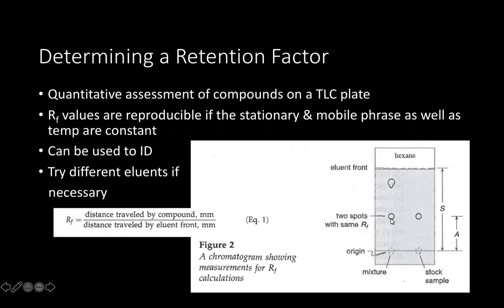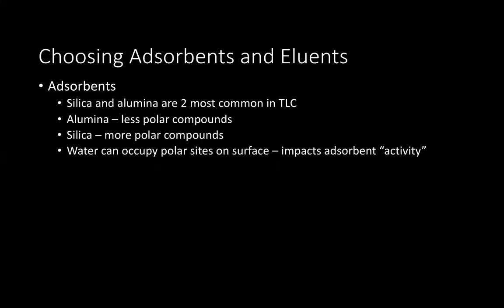The two spots in the middle of the plate, if we were measuring the solvent distance for both of those and the spot distance for both of those, would be the same. The RF values would be the same, and those are actually the same compound. So that's how retention factors work in terms of identifying what your compounds are.